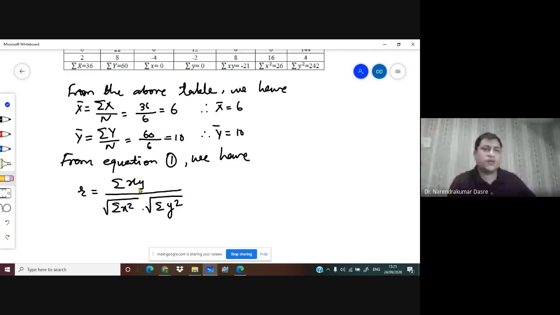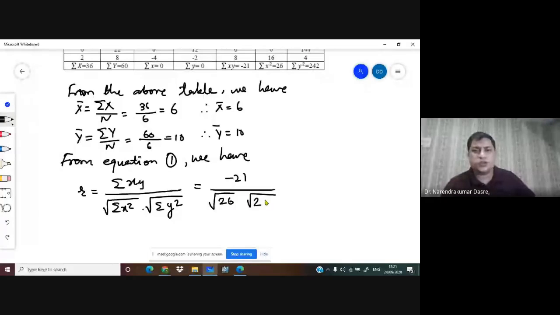Okay, and then we have all these values here now. So this is going to be minus 21 upon square root of 36 into square root of 242. So give me this value. What value are you getting for R?